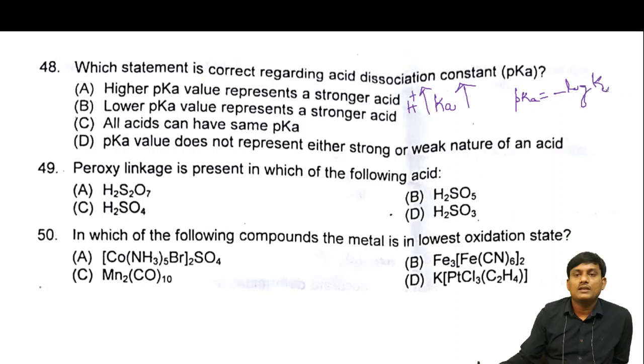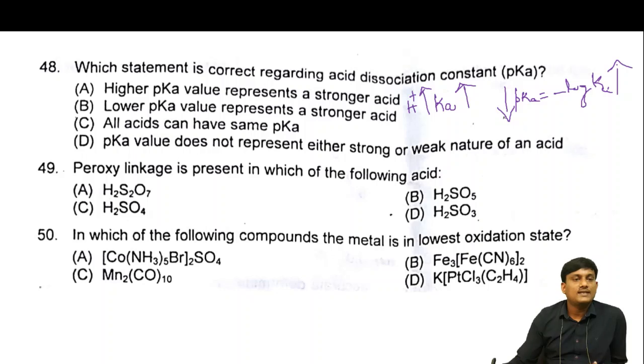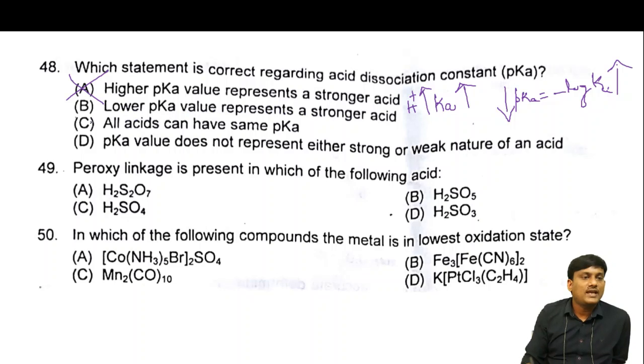So when Ka increases, pKa obviously decreases. Less pKa, more acidic strength. Higher pKa means weak acid, less H+ concentration. So 'higher pKa value represents a stronger acid' is wrong.